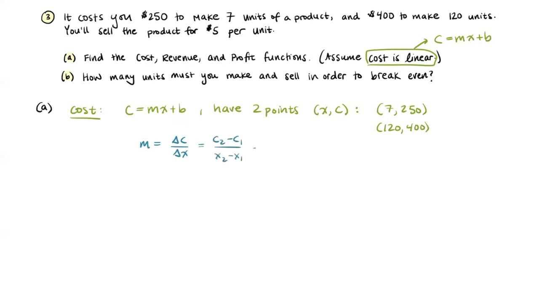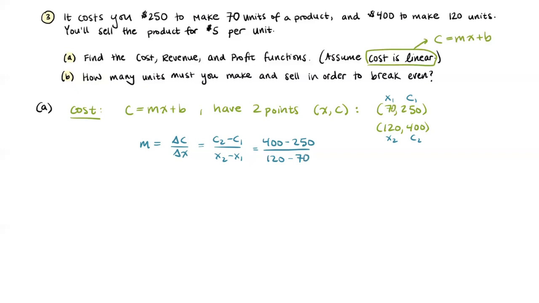So here's x1, here's C1, here's x2, here's C2. C2 is 400, C1 is 250, x2 is 120, and x1 is 7. Actually, I meant to make this 70. Sorry about that. Let's make this just a 70 here.